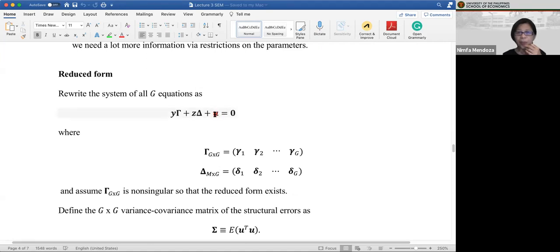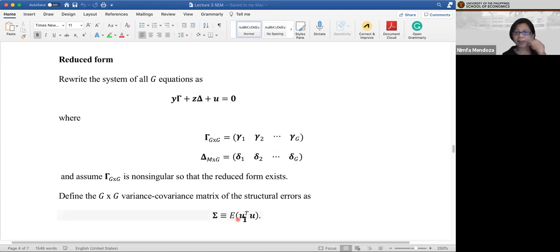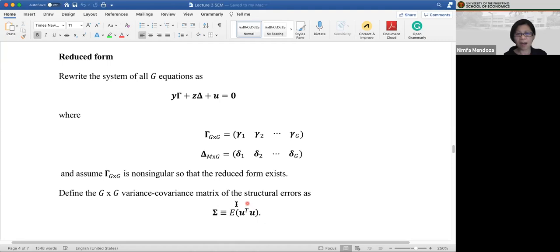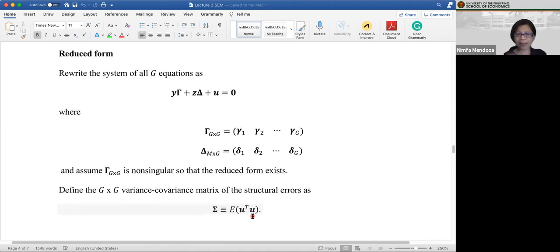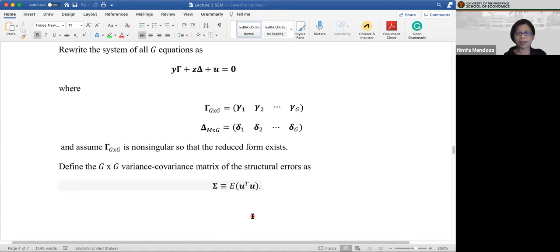U here is 1 by G, so U transpose U would be G by G. Let us get the expected value of U transpose U, denoted by sigma. Note that this is the variance covariance matrix. You can write it in this form because we have assumed that the means are 0, and that is innocuous if you have the intercept in the model.